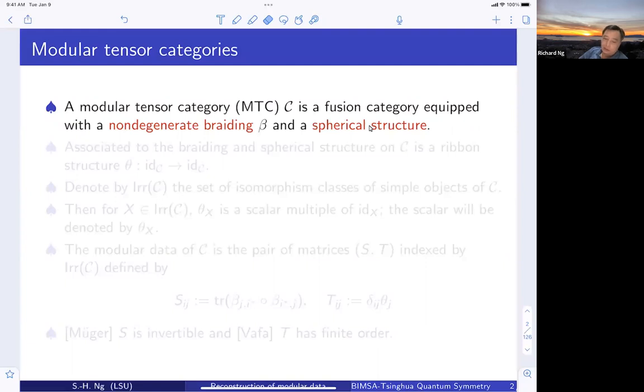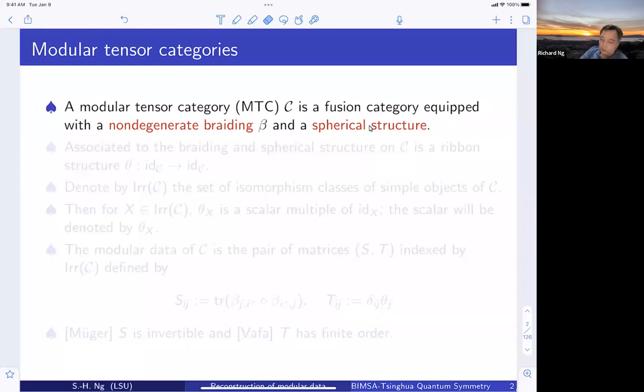Non-degenerate braiding is a technical term, but you can think of the double braiding as a bilinear form. Then the notion of non-degenerate braiding suddenly becomes more intuitive. And the notion of spherical structure: the spherical structure is indeed a gadget for taking the trace of a morphism.